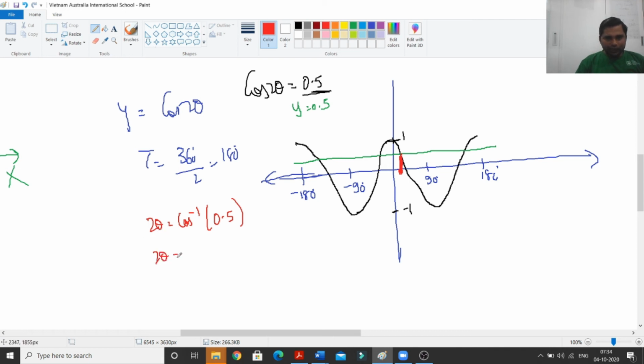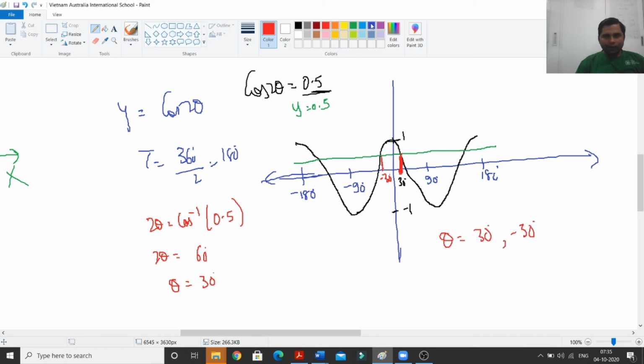So 2 theta is equal to cos inverse of 0.5 is 60, and theta will give you 30. So this value is 30 degrees. First answer. If this is 30 degrees your answer, then this intersection point will be minus 30. So there are two values what we got, 30 and minus 30.